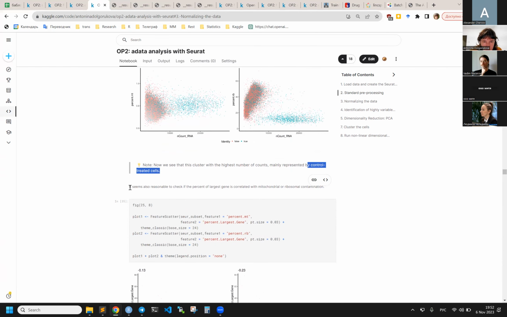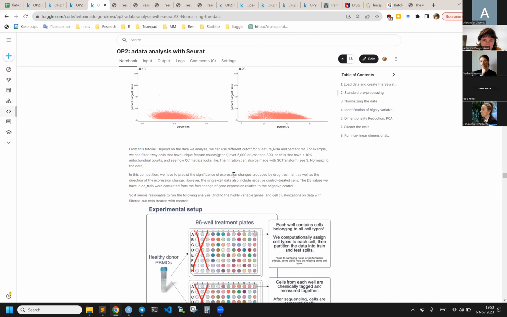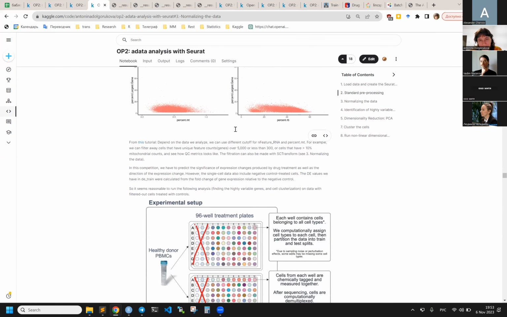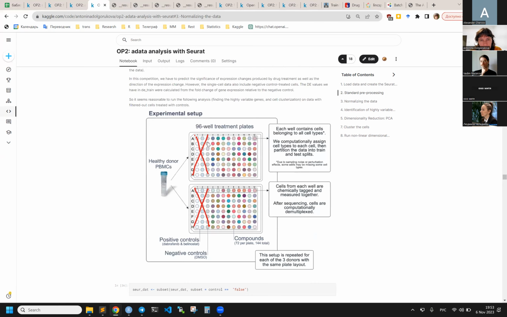Anyway, here is nothing to say about these pictures, so I skip it. Here I filter out control cells, just showing these plates and experimental setup, removing the cells from these wells. We leave only drug-treated cells to see if they produce some patterns in our data.